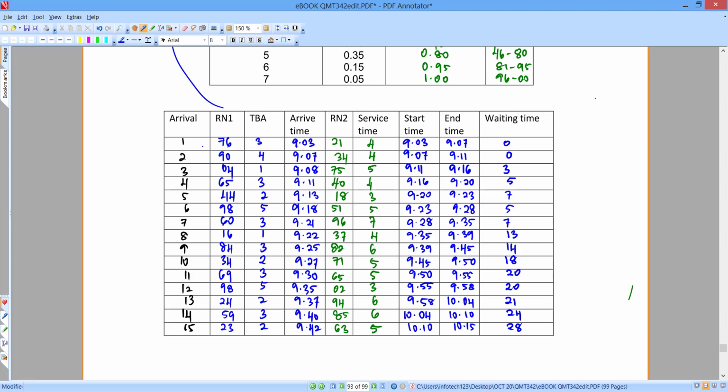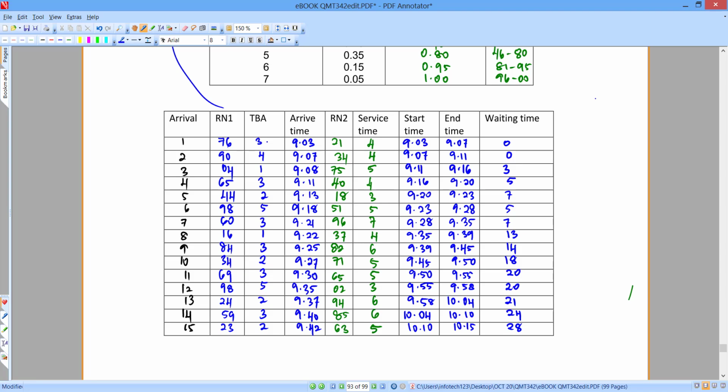So we start with the first arrival. We use the first random number. TBA is time between arrival. That means when the center opens at 9 a.m., after 3 minutes the first arrival has come to the center. So that is 9:03, because after 3 minutes the first student enters the center.